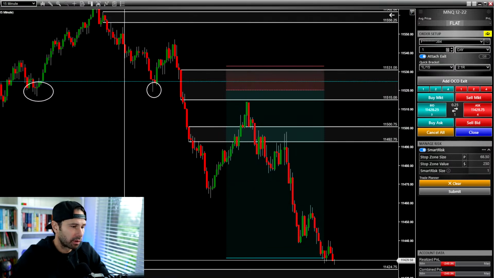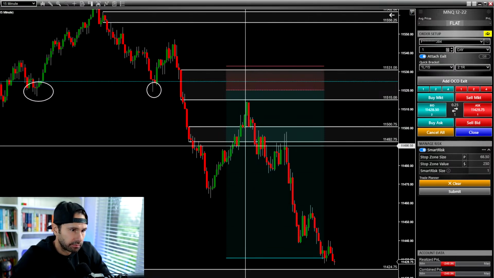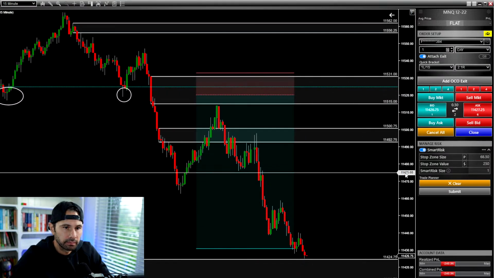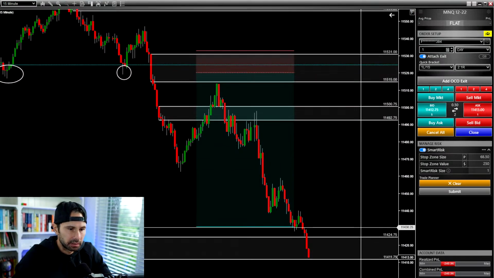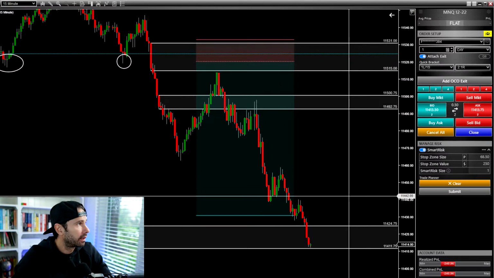And my stop was very tight. So I do not have any way to jump into this trade. I need to wait for a retracement. And I think we can go a lot lower though.